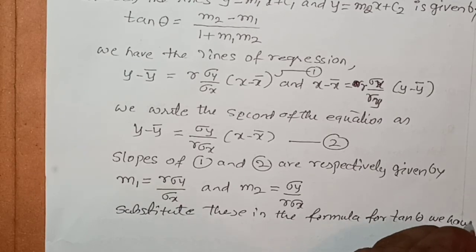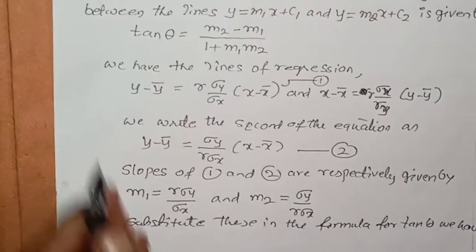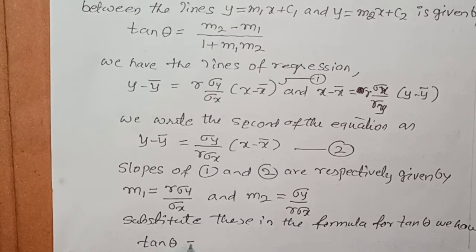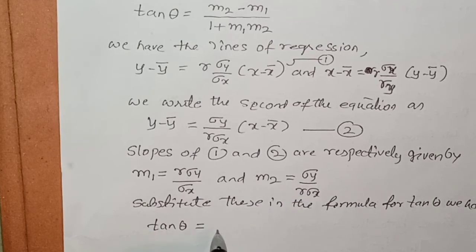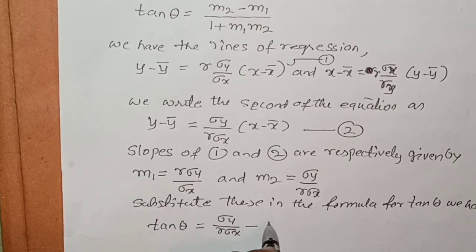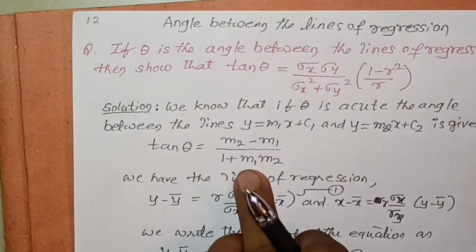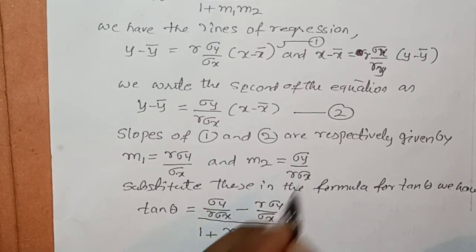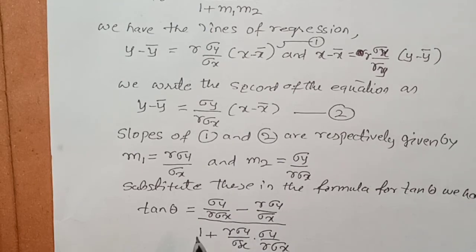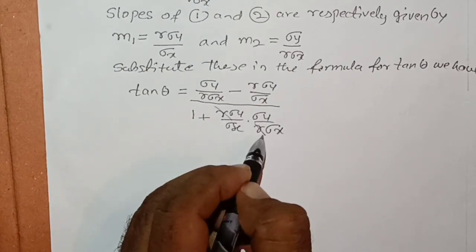We have tan theta is equal to m2 minus m1, that is standard deviation of y divided by r into standard deviation of x, minus r into standard deviation of y divided by standard deviation of x, all divided by 1 plus m1 into m2, that is 1 plus r into standard deviation of y divided by standard deviation of x into standard deviation of y divided by r into standard deviation of x. So here r cancels.